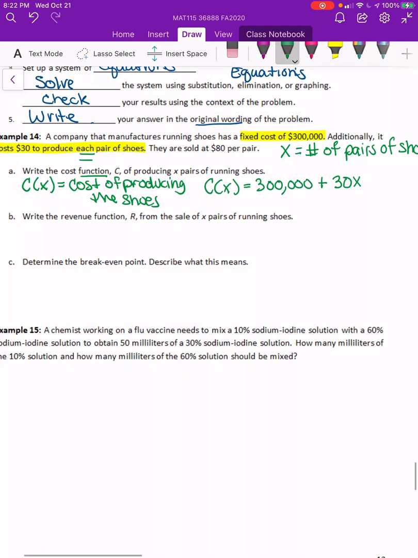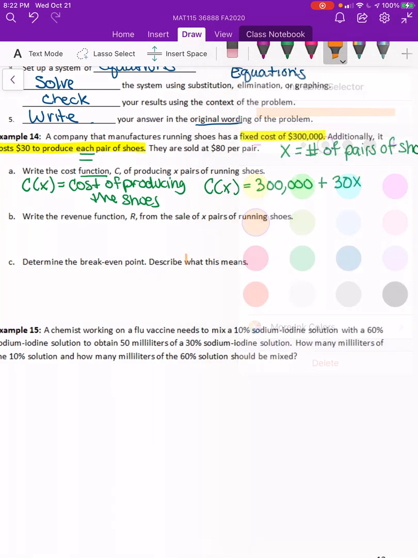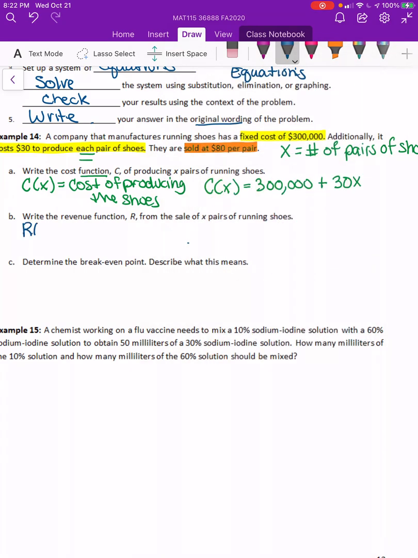Now we have to write another equation for the revenue function. Again, they're giving us a little bit of help, telling us what the two equations are going to be. Our revenue equation is going to come from, they are sold at $80 per pair. Revenue is basically how much money they're bringing in when they sell the shoes. R of x is the name of the revenue function, and that stands for the revenue from selling the shoes.